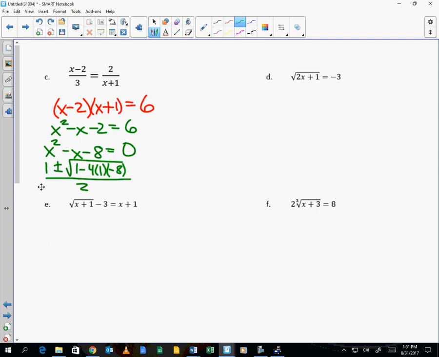The discriminant is the value that sits underneath the radical sign. 1 minus 4 times 1 times negative 8 is going to give me the root of 33, right? 2 negatives is going to make a positive. So I have the root of 33, which cannot be reduced. That is my solution. Notice I have 2 solutions because it's plus and it's minus.